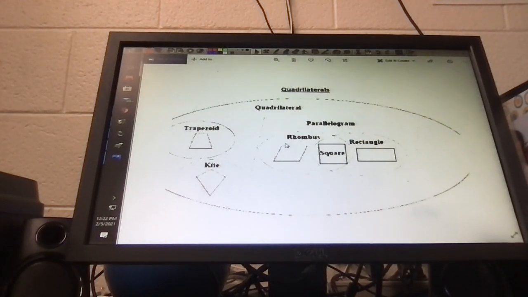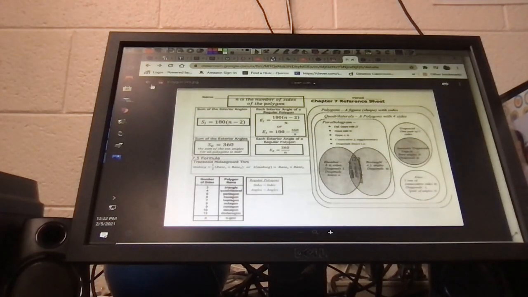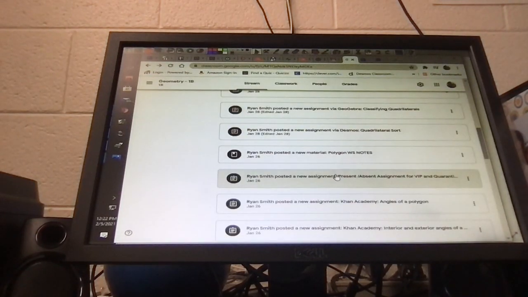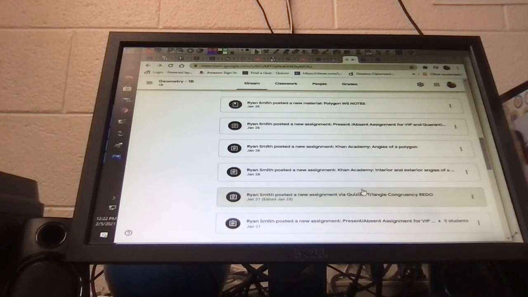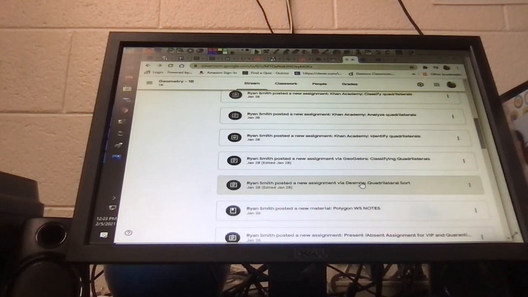VIP kids, you probably didn't get this part of it. But you did get, if you go back to your Google Classroom, some Desmos and stuff like that, and these Khan Academies that should give you a pretty good idea of what the actual pictures of things would look like.